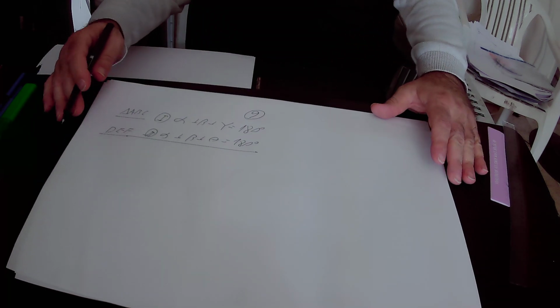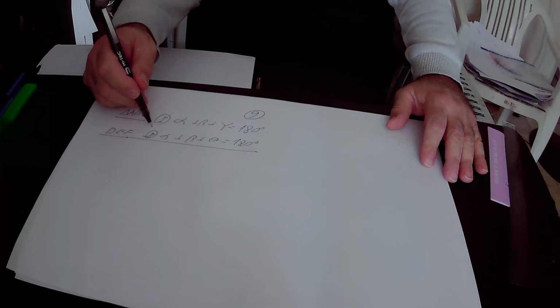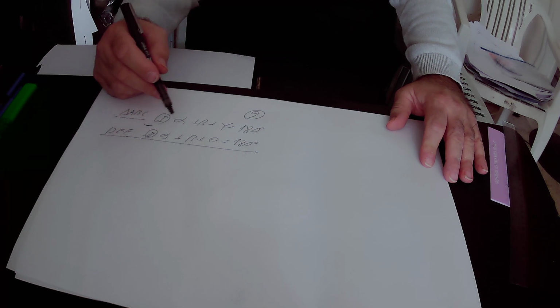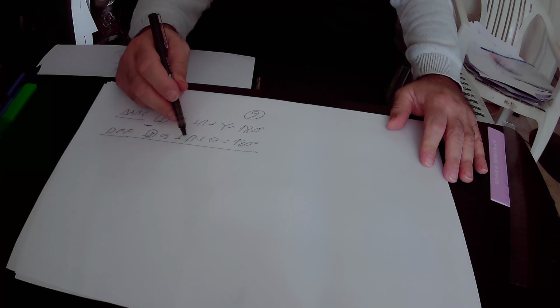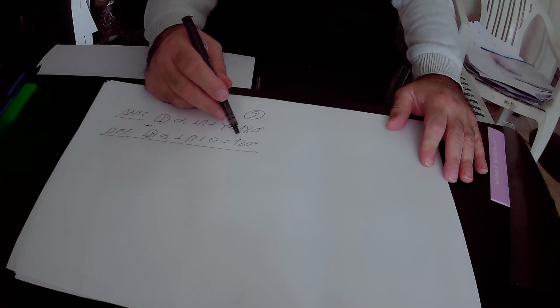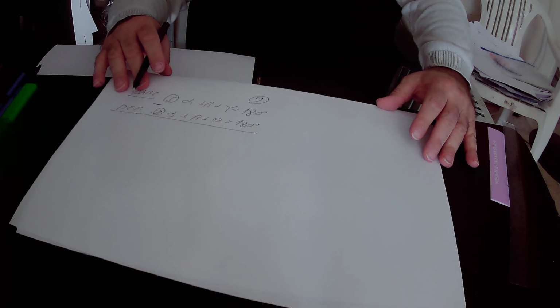Here we will subtract equation number 1 from equation number 2, and we will get that alpha minus alpha equals 0, beta minus beta equals 0, and gamma minus theta equals 180 degrees minus 180 degrees.